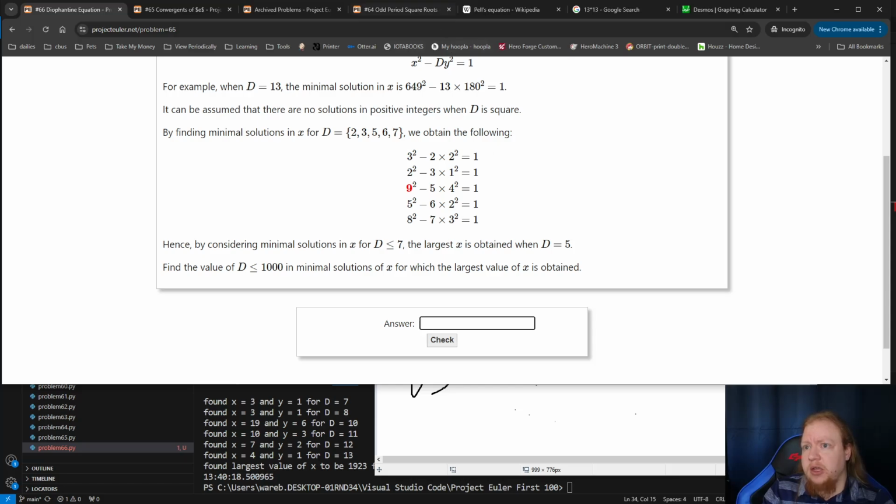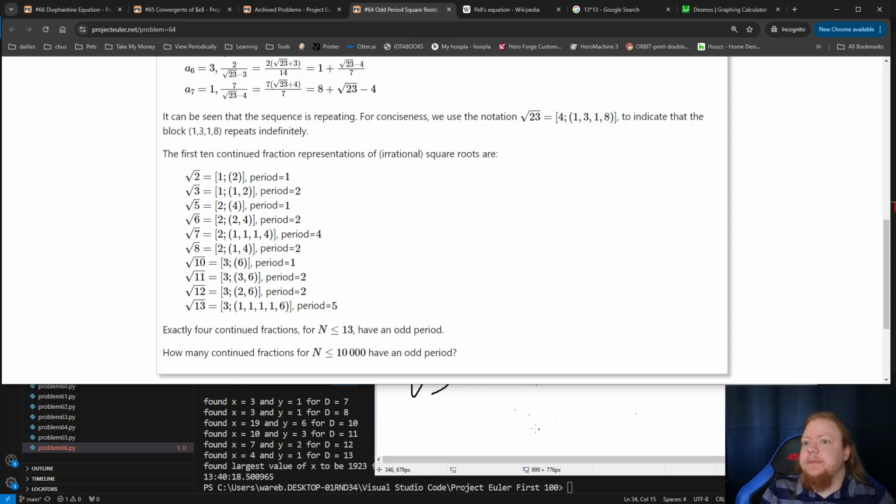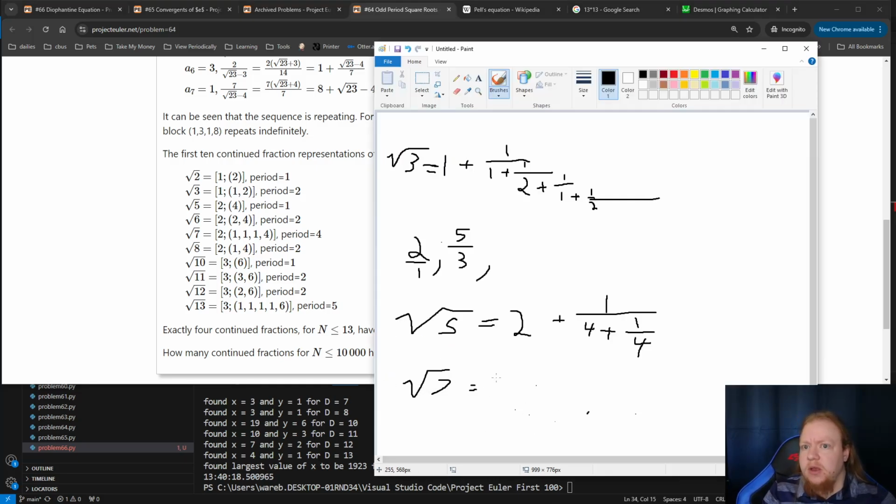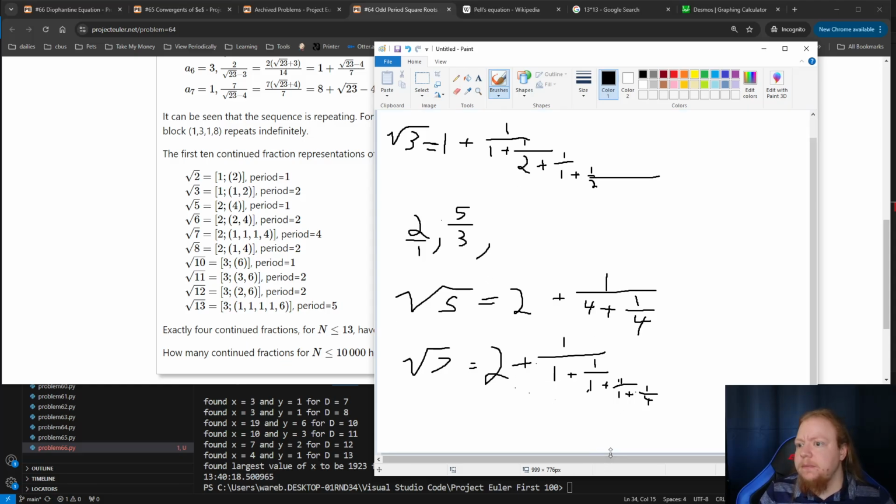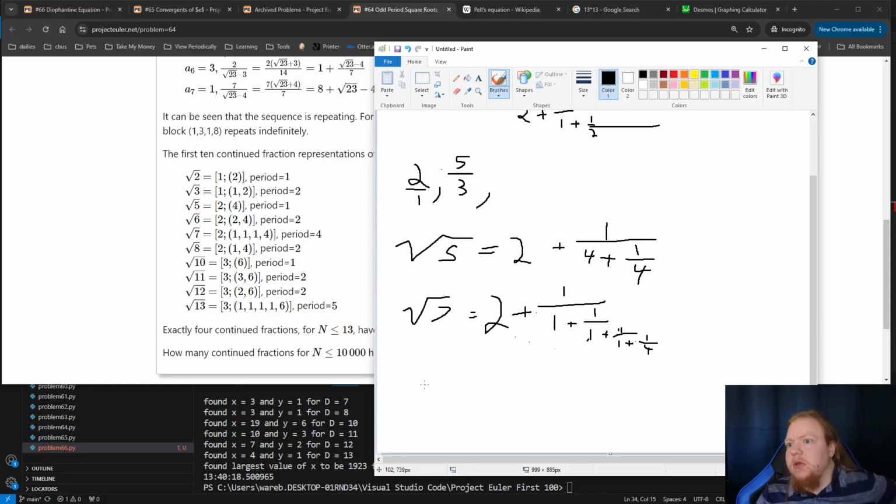Okay, so not the trivial case for number 7. So number 7 is equal to 2 plus 1 over 1, 1 over 1, plus 1 over 1, plus 1 over 4, and then it continues from there. So this is 2 plus 1 over 1 is 3 over 1.